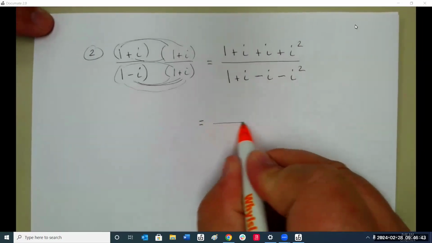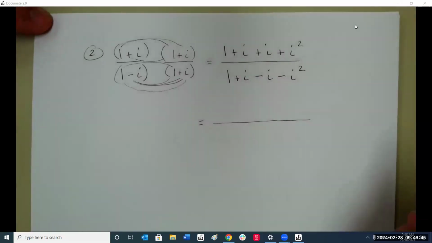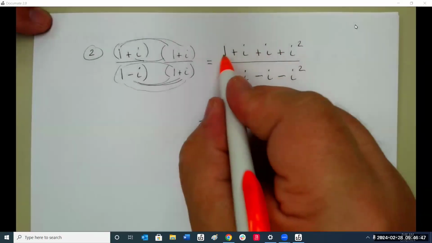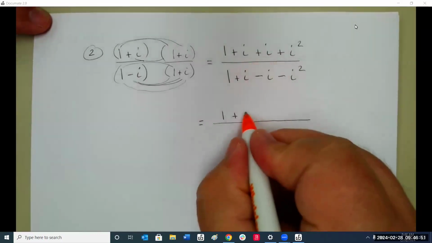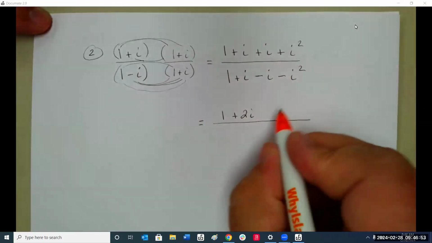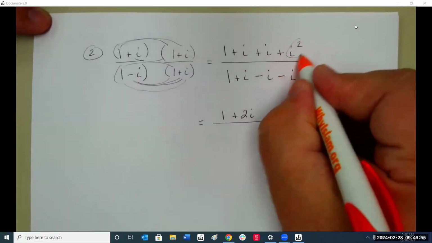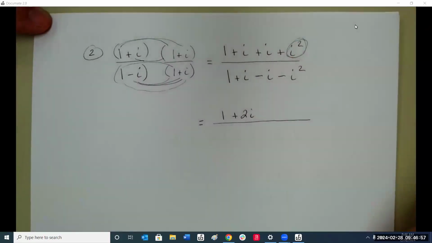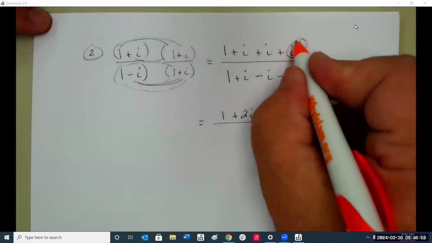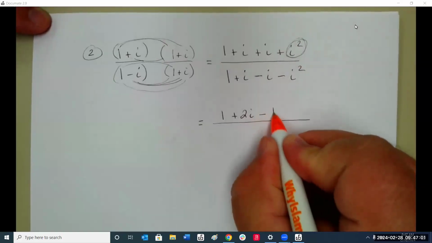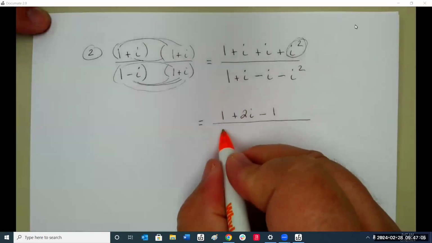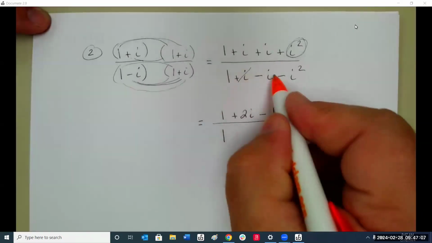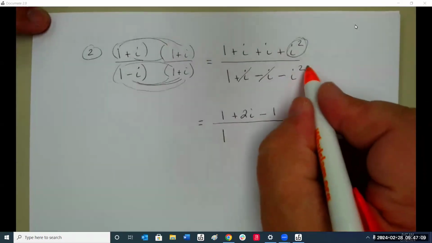Whenever you get rid of parentheses, combine like terms. So on top, we have 1. i plus i is 2i. What do we do with the i squared? Yeah, it turns into a -1. On the bottom, we have 1. Positive and negative i cancel.